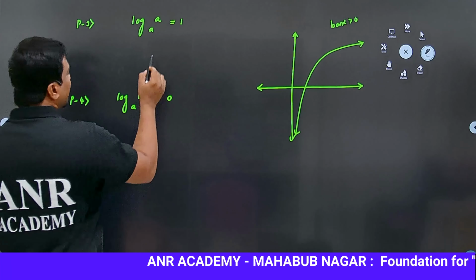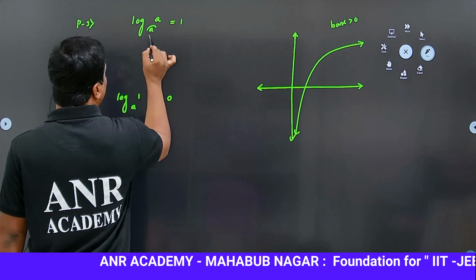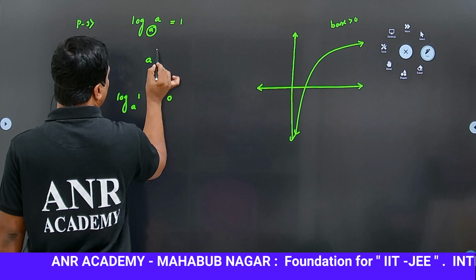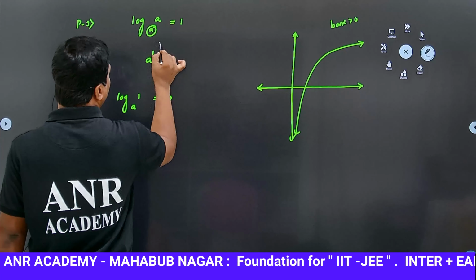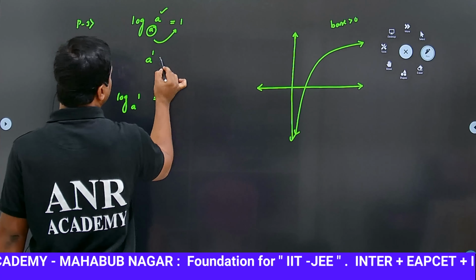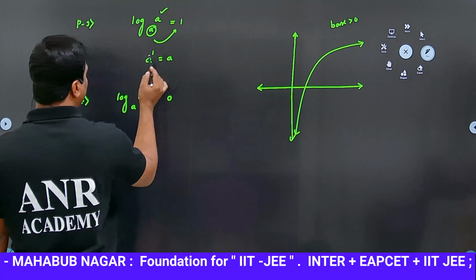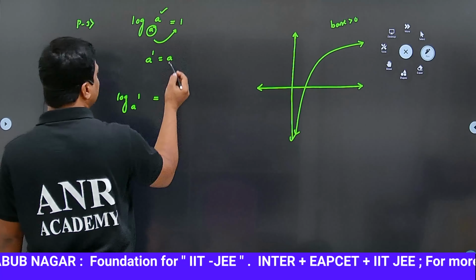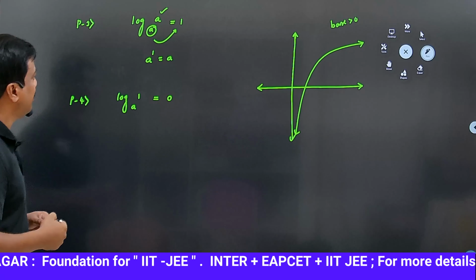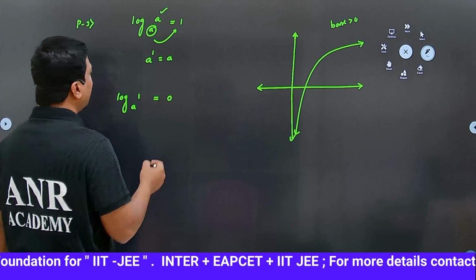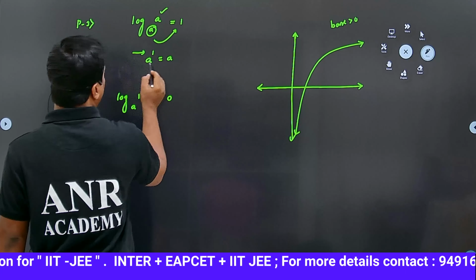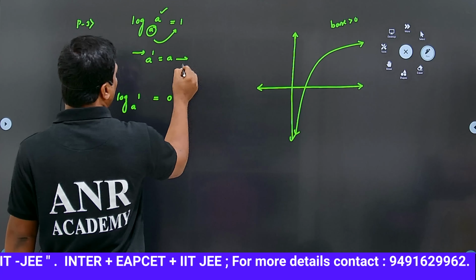Yes, when you raise the base a to the power 1, then only you will get the result a. So due to that reason, log a base a value equal to 1. A power 1 equal to a. This is input and this is output.